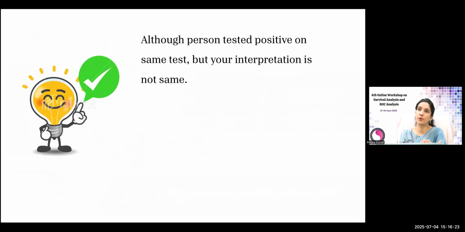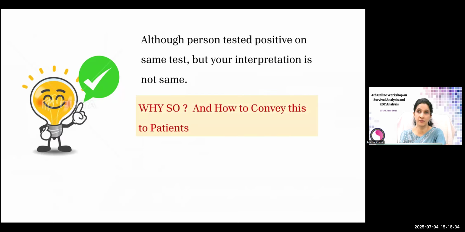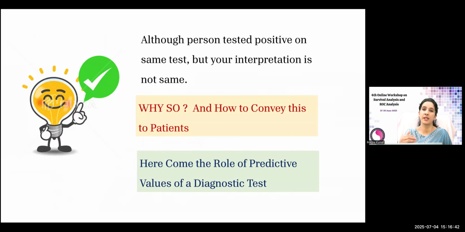So although both have tested positive on the same test, my interpretation will not be the same, because I will see where the person is coming from, and I might see other risk factors as well. So how to convey this to the patient? For this, we need something known as the predictive values.